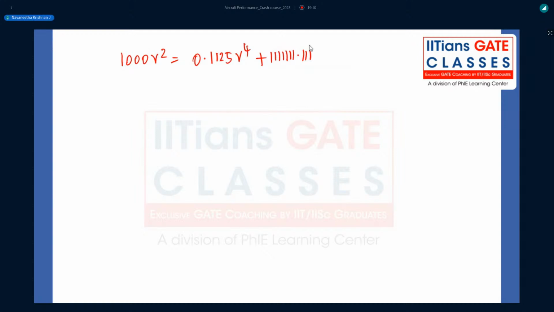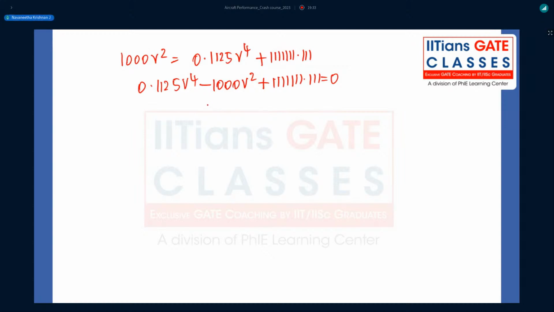If I take this 1000 V square also to the other side, my equation has become 0.1125 V power 4 minus 1000 V square plus 1111.111 equal to 0.